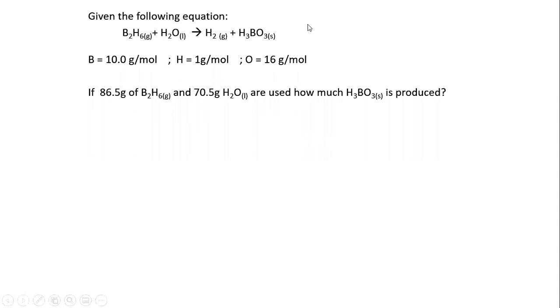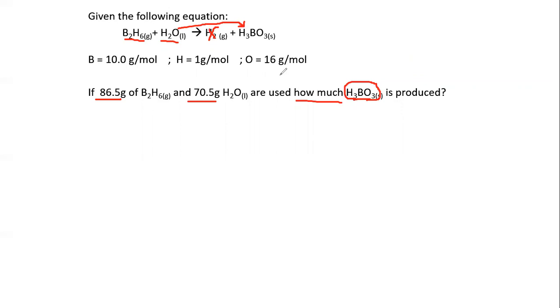So here we're given the amount of both reactants. We want to know how much product is produced, and we're interested in this product, H3BO3. So we don't worry about H2. We want to convert the reactants into moles of H3BO3.